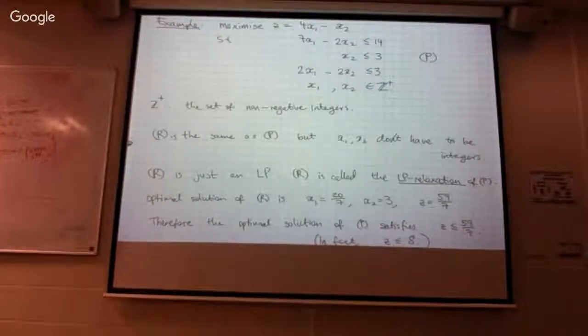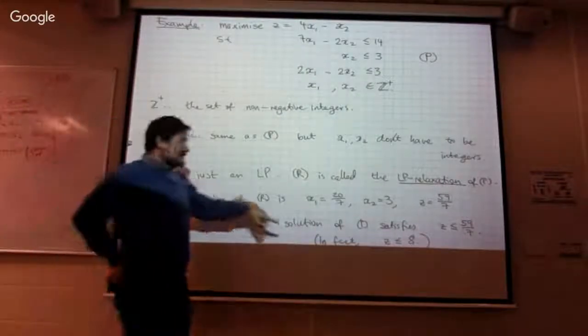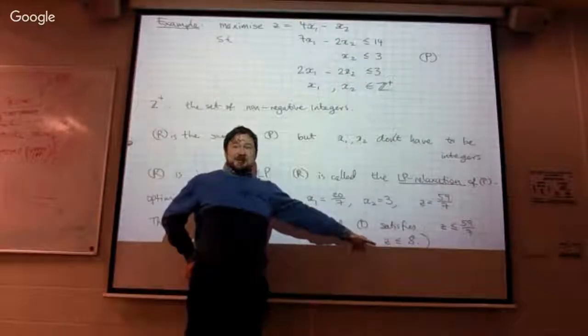Okay? So that's the idea of bounding things. We know that for the whole problem, the optimal solution can't be better than objective value 8.